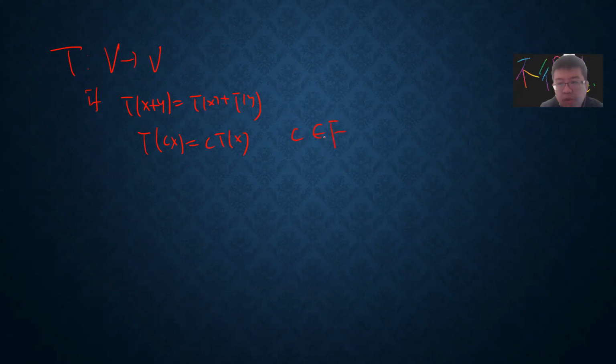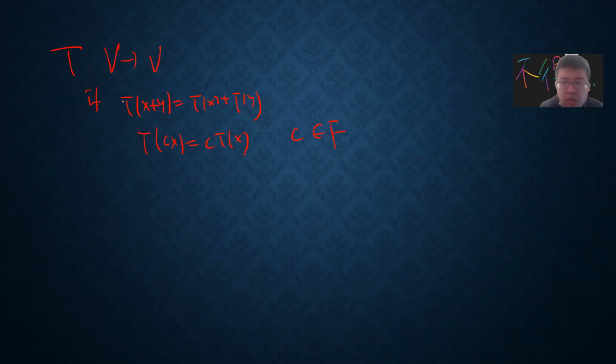Also there's a linear transformation. A map T from V to V is defined to be a linear transformation if T(x plus y) is Tx plus Ty, and T(cx) is c times Tx, where c is in the field. This is called a linear transformation.